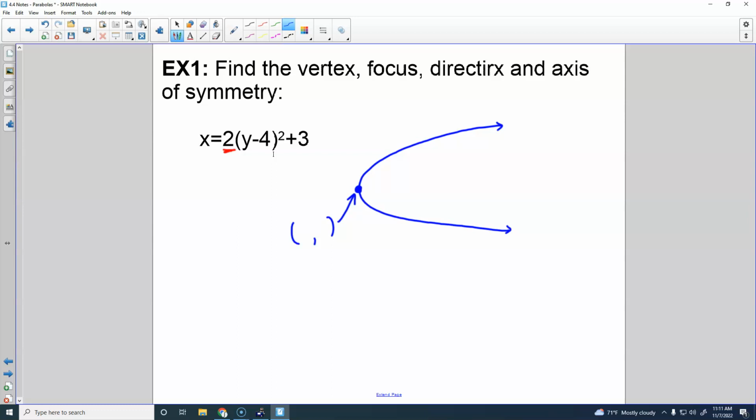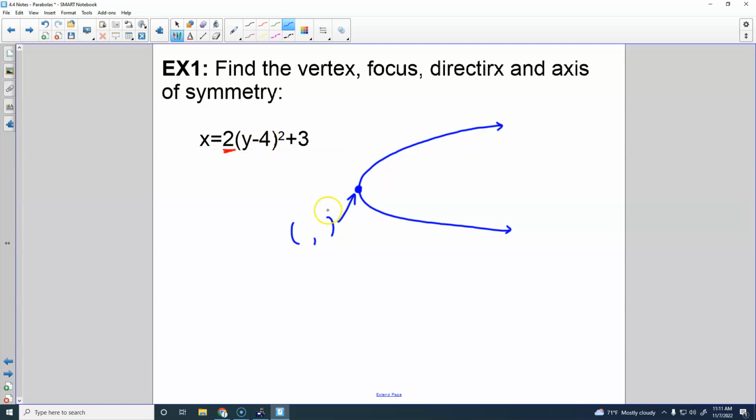You would be correct if this was a y equals equation. Okay? So it would be right 4 and up 3 if this was an x and this was a y. But this is where this is confusing because this one's backwards, so we have switched the x and y's. So this y right here is going to cause something to happen in the y direction, right, up or down. And so since it's in parentheses, it's the opposite direction.